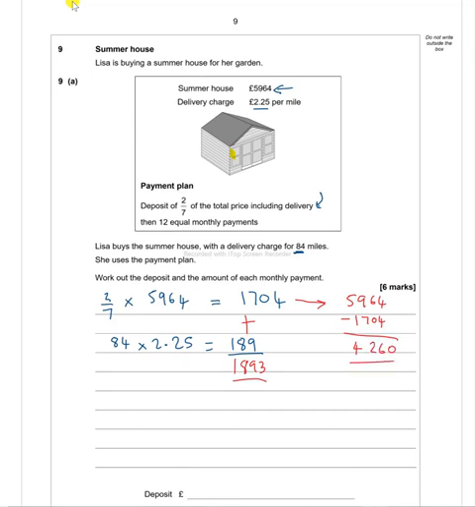So they owe 4260, and it's going to be over 12 months. So we divide that by 12, and they have to pay £355 a month over the next 12 months. So we can check that. Right, you see now they've done it differently.